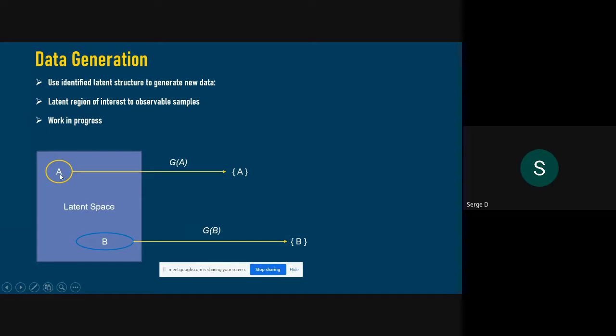This way, we can obtain a number of samples in the observable space which we can expect to be related or similar to the concept of interest, to the class of interest. That is, we should be able to augment our data sets with more data. Of course, it depends on the quality of training and a number of essential parameters, but this is the idea behind this direction of research.